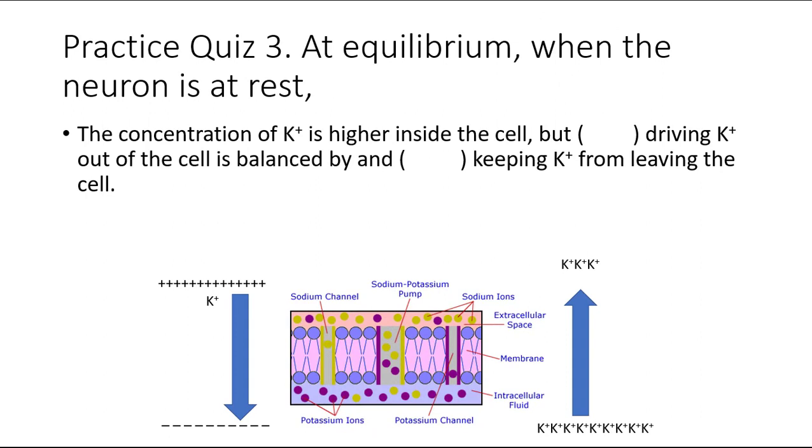Practice quiz 3. At equilibrium, when the neuron is at rest, the concentration of potassium is higher inside the cell, but the diffusion force driving potassium out of the cell is balanced by an electrical force keeping potassium from leaving the cell.